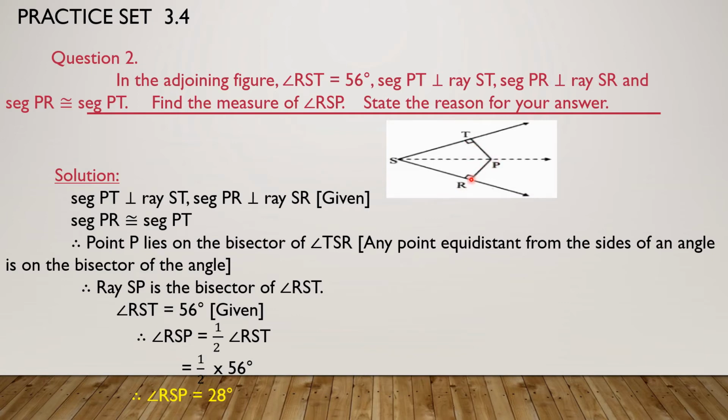Therefore, ray SP is the bisector of angle RST, and angle RST is given, that is 56 degrees. Therefore, angle RSP is equal to half into angle RST, that is half into 56 degrees. Therefore, angle RSP is equal to 28 degrees.